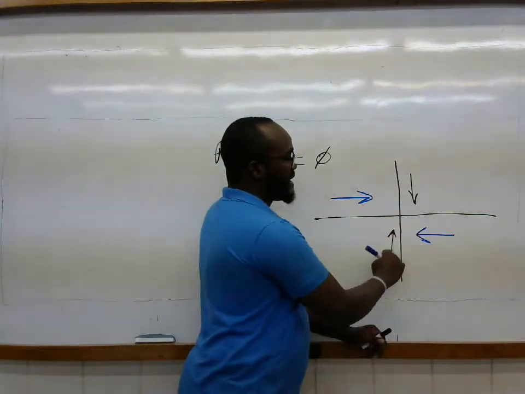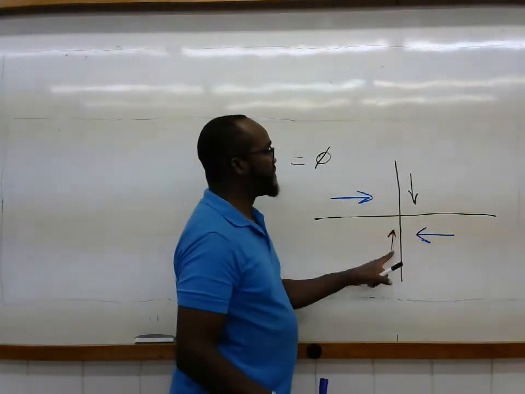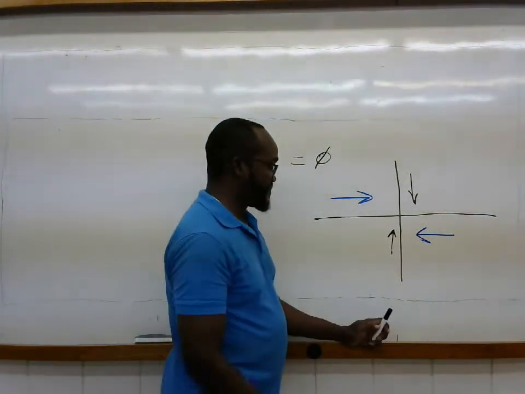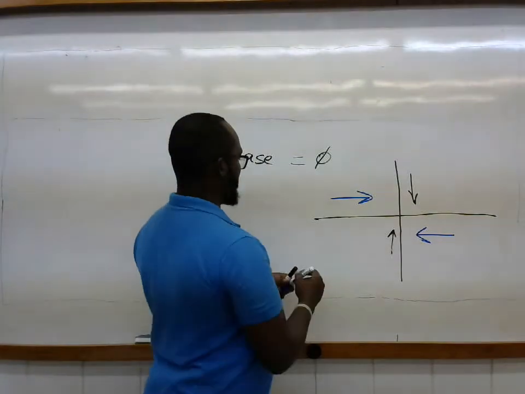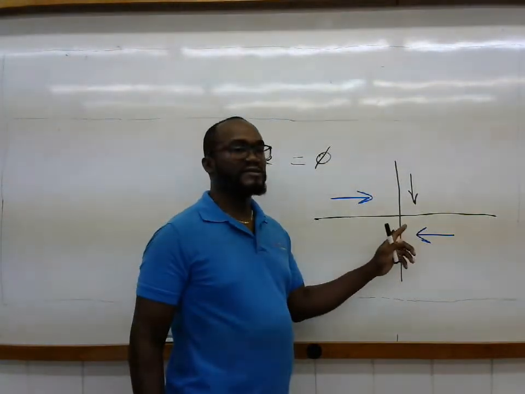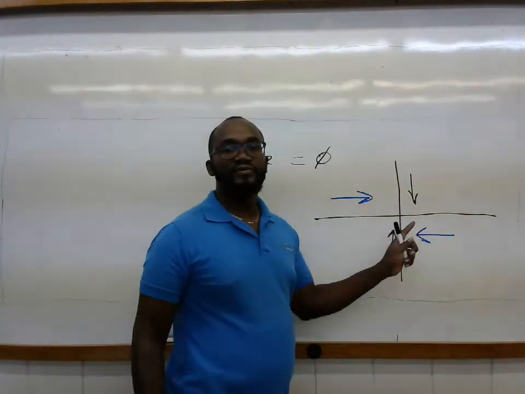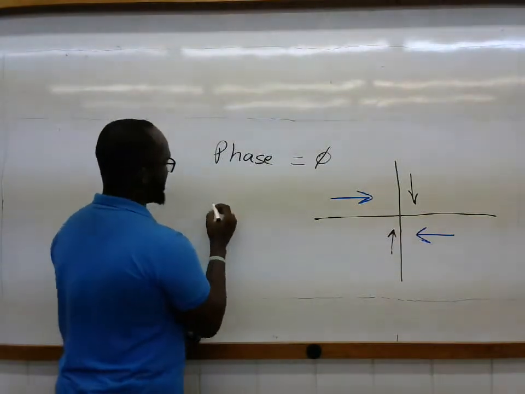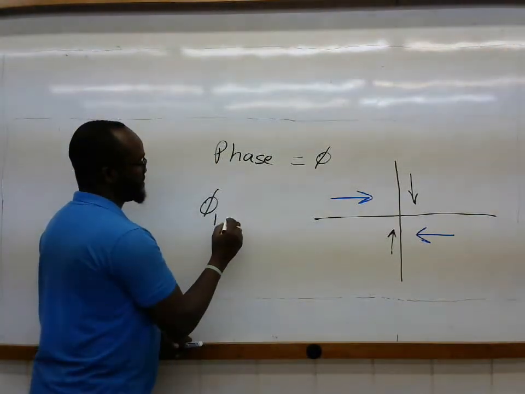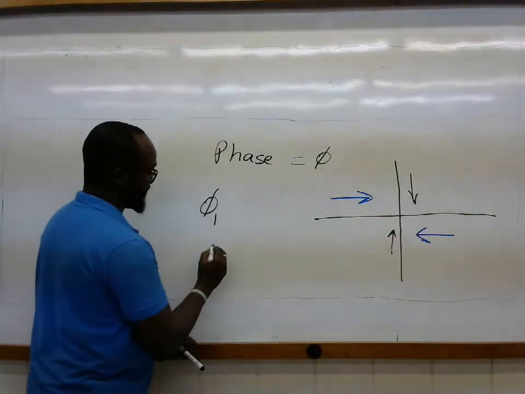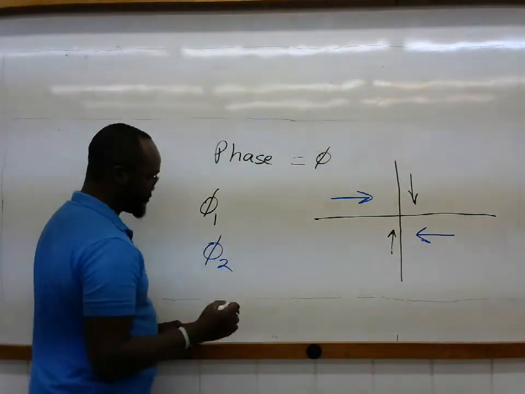And these are the only concurrent movements allowed by the traffic signal system. So therefore, we would say that this is a two-phase intersection because there are principally two phases. So phi, we have phase 1, and we have phase 2.